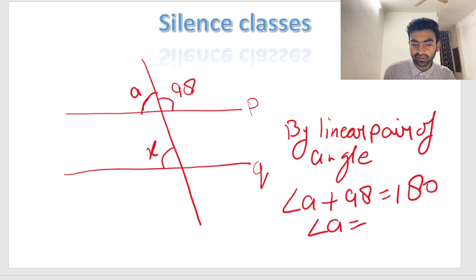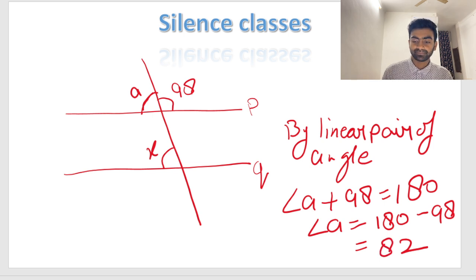Angle A is equals to 180 minus 98. So we got 12 minus 8, 2, 17 minus 9, 8. Okay, 82 degree. We got that angle A is equals to 82 degree.